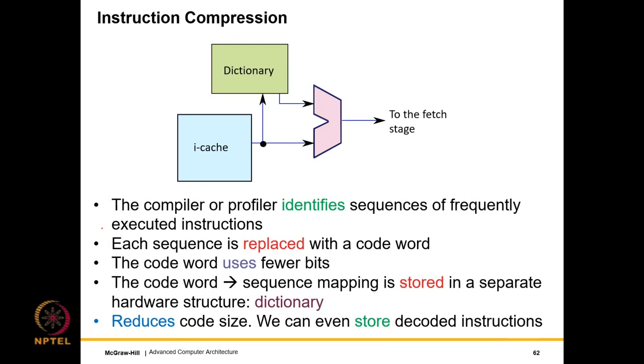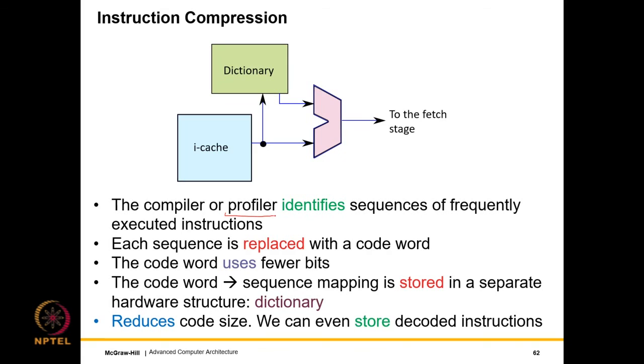One more idea is that typically we have large sequences of code that are similar across the program. For example, code to read and write registers, to call certain known functions, to perform some operations. So in every program we'll have some common operations that are performed at different places. So the compiler and what is called a profiler.